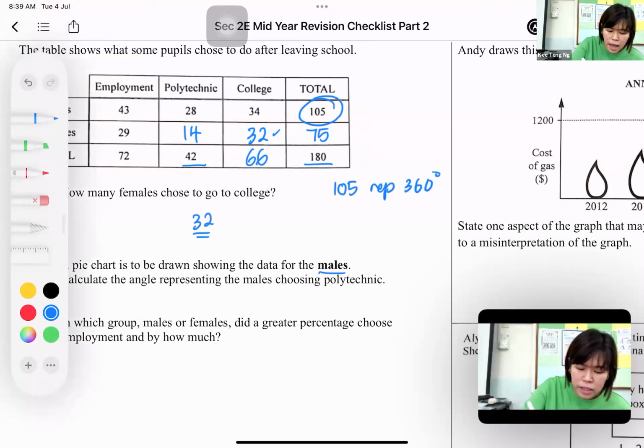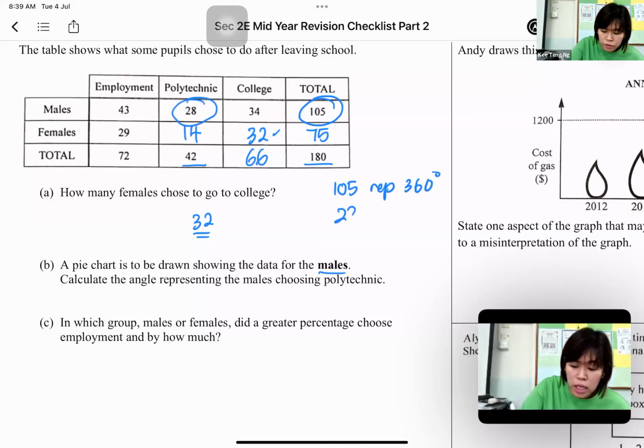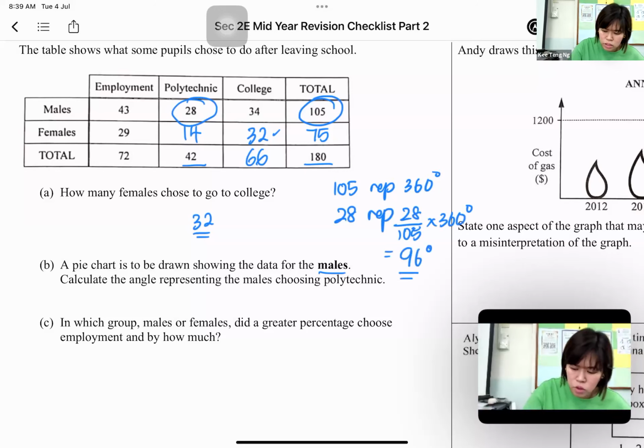I want to find the angle that represents people choosing polytechnic. So the male who choose polytechnic, 28 of them. So that will be 28 out of 105 times 360 degrees. And that gives me an angle of 96 degrees. So this is your answer for this part.